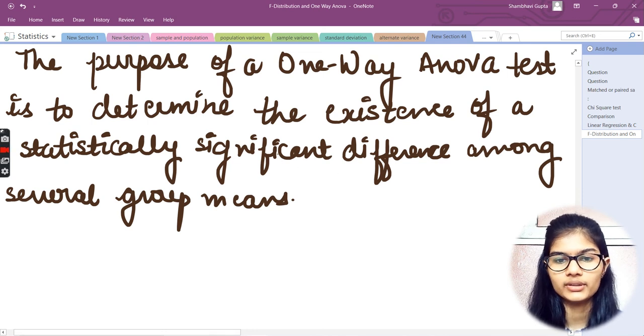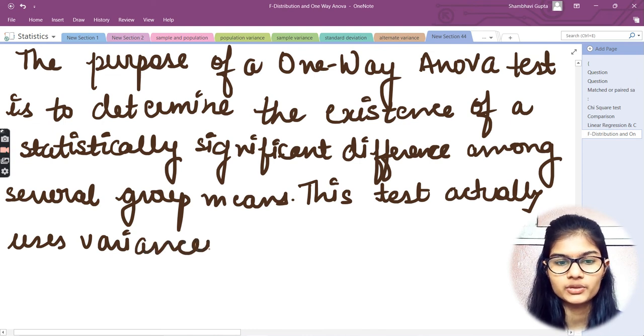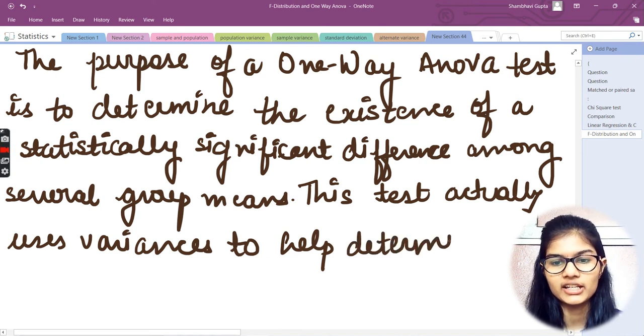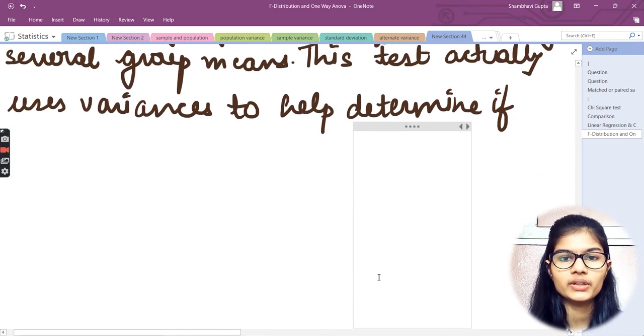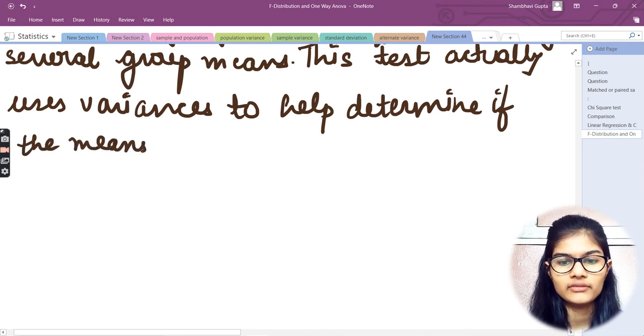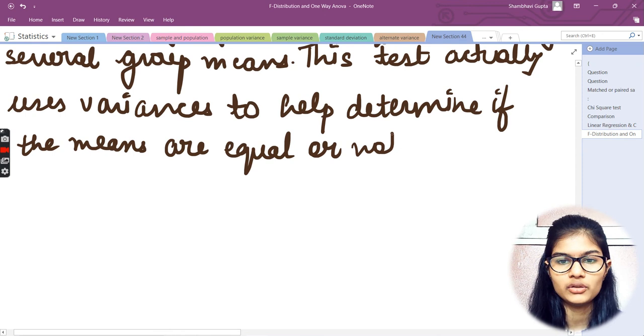Okay. Now, next thing regarding this particular test is that this test actually uses variances to help determine if the means are equal or not, right?